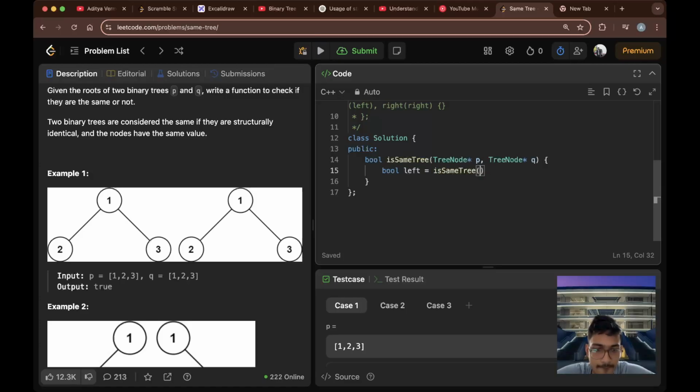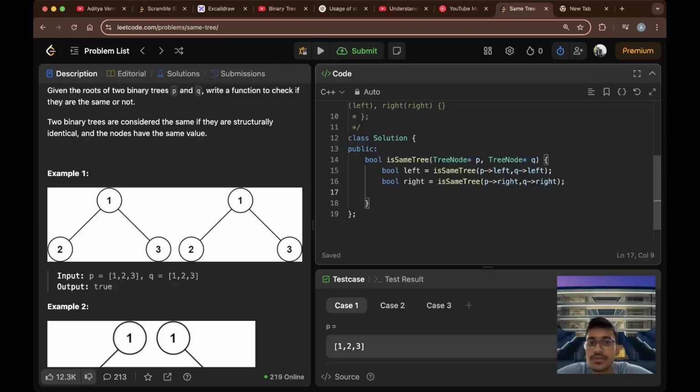Passing P left, Q left, and bool right, P right, Q right.